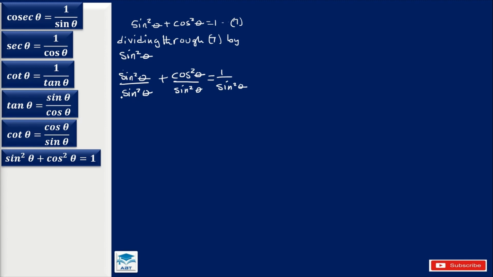Sine square theta divided by sine square theta is 1, and we can write this as cos theta divided by sine theta all squared. And we can also write this as 1 divided by sine theta all squared, since 1 squared is 1.